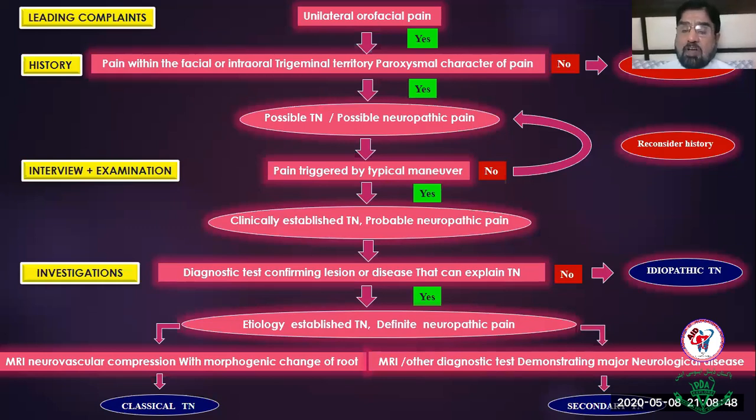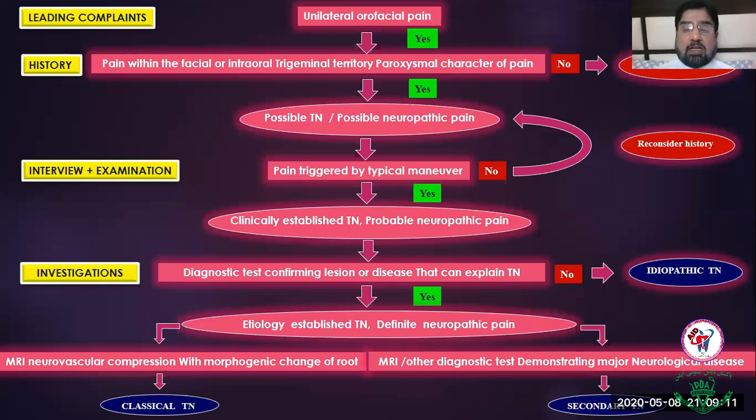trigeminal neuralgia, which may be related to any neurological disease. That is sclerosis, it may be systemic sclerosis, like hemangioma or meningioma. There are so many lesions we have already described in etiology that may be related to secondary trigeminal neuralgia.